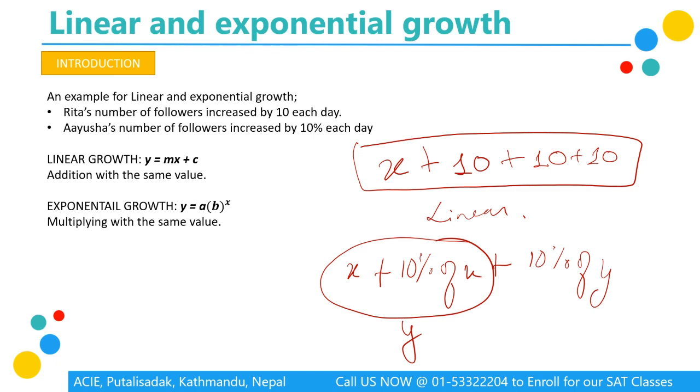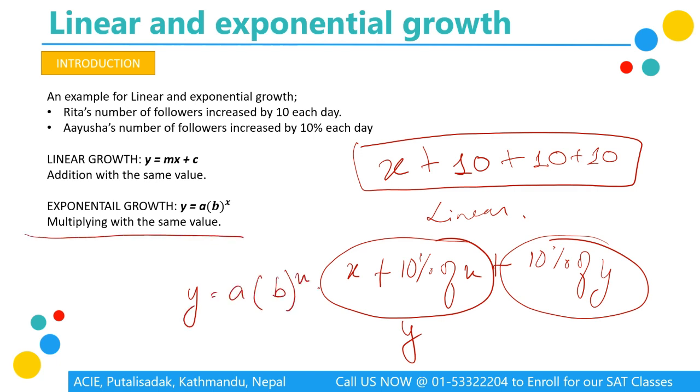So as you can see, this becomes really complicated if you're trying to use plus signs. Hence, in this case, we have to use a better way and use the exponential growth equation itself, which is y equals a b to the power x, where it's being multiplied by the same value over and over again. In linear, the same value is being added over and over again.